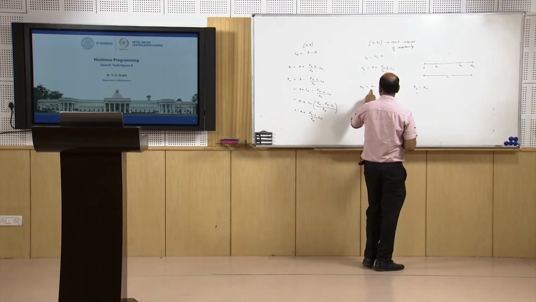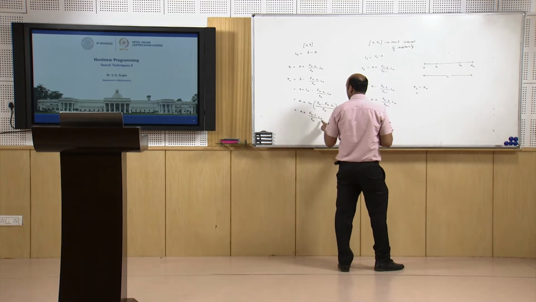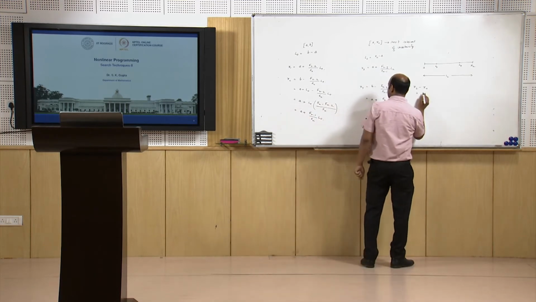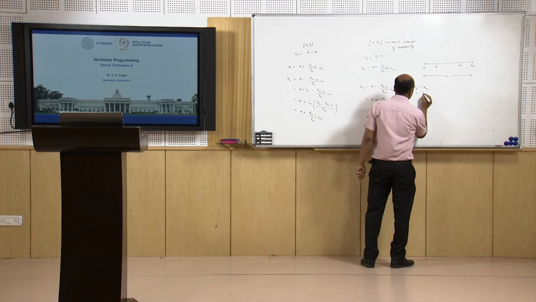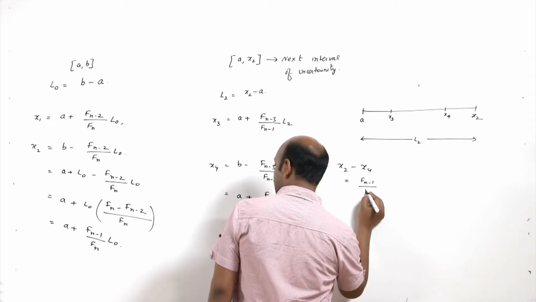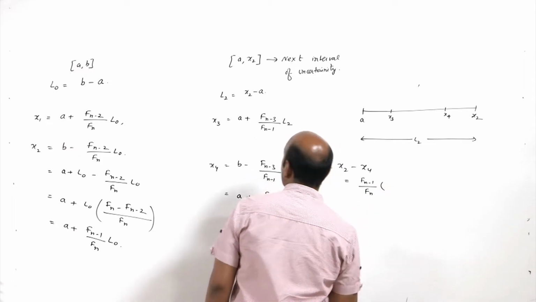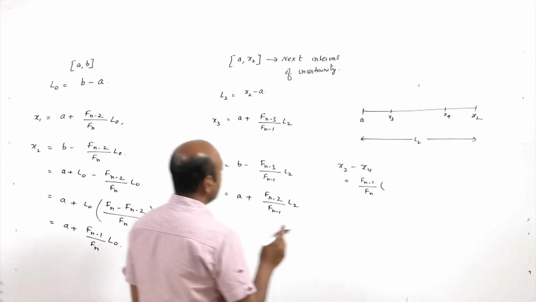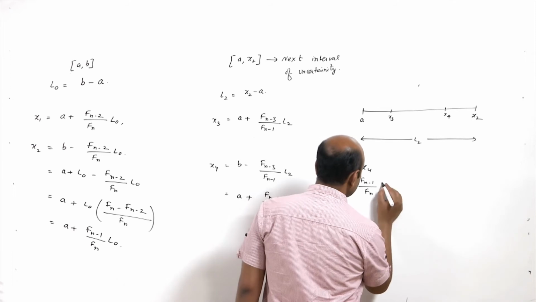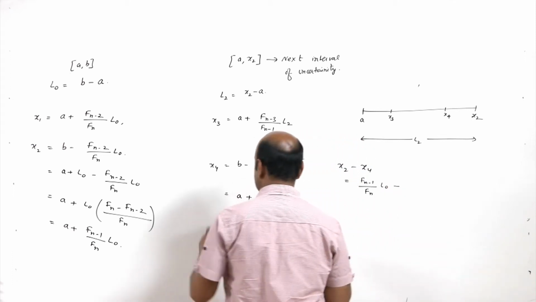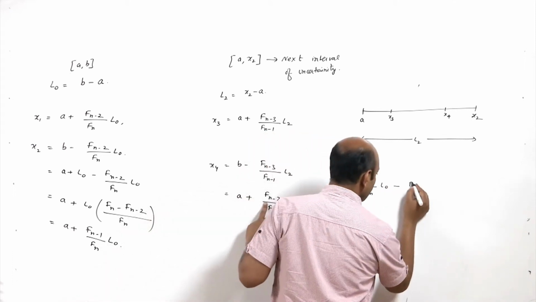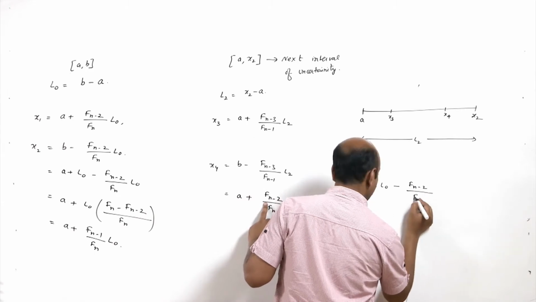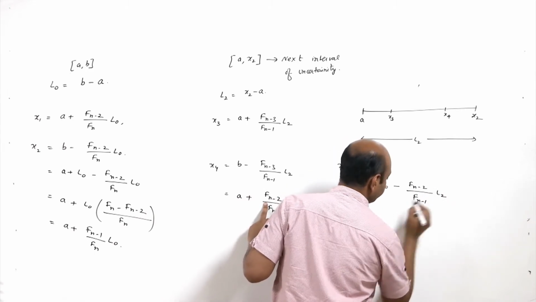So x4 you can either use this or you can use this. So x2 is Fn minus 1 upon Fn into L naught, and x4 is a plus Fn minus 2 upon Fn minus 1 into L2.